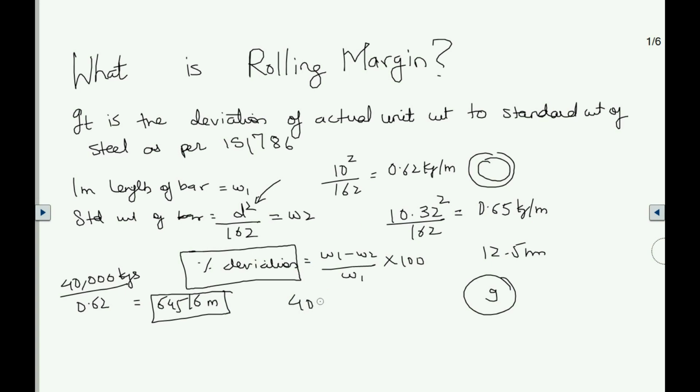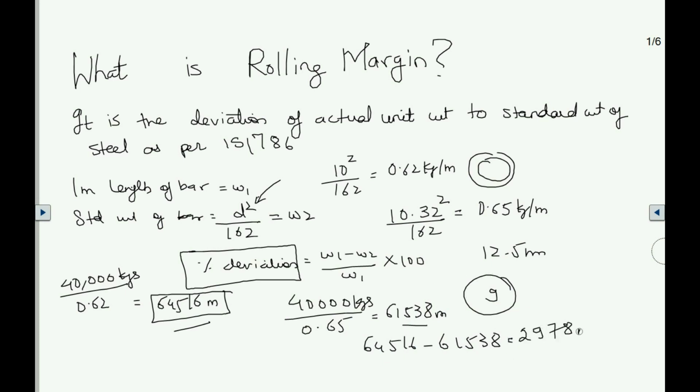Now when you order 40,000 kgs of steel, you will receive only 61538 meters. Clearly this is less than the other, so you are falling short by 64516 minus 61538, which is 2978 meters. So you are falling short of almost 3000 meters, but the price you are paying for the steel is the same.